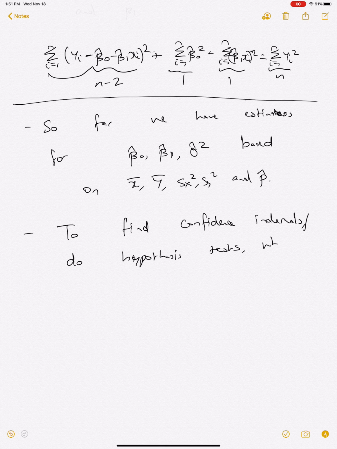So what is the distribution of beta hat 0, beta hat 1, and sigma hat squared?